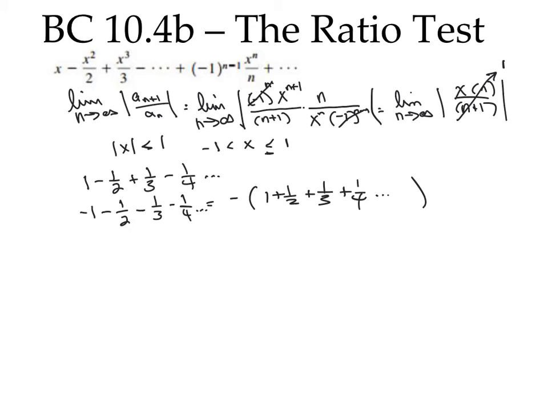So what we know is that this series diverges at -1, but it converges at 1. But if I take the absolute value of the terms that I get when I plug in 1, that turns into the harmonic series.